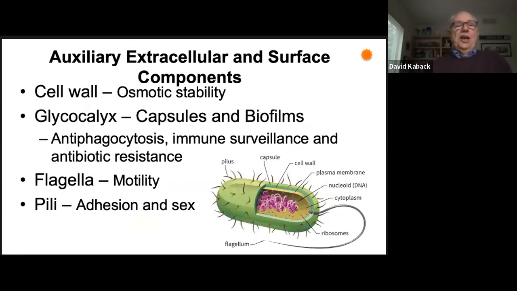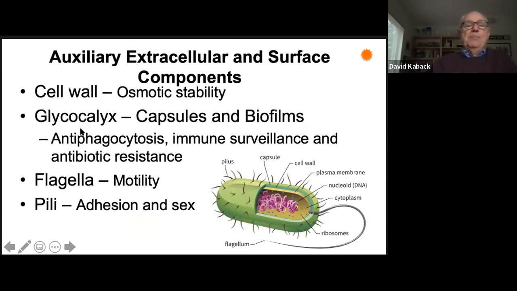In addition to cell walls, we have auxiliary extracellular or cell surface components. We talked about the cell wall, which is required for osmotic stability, but we also have excess polysaccharide, which we refer to as the glycocalyx.